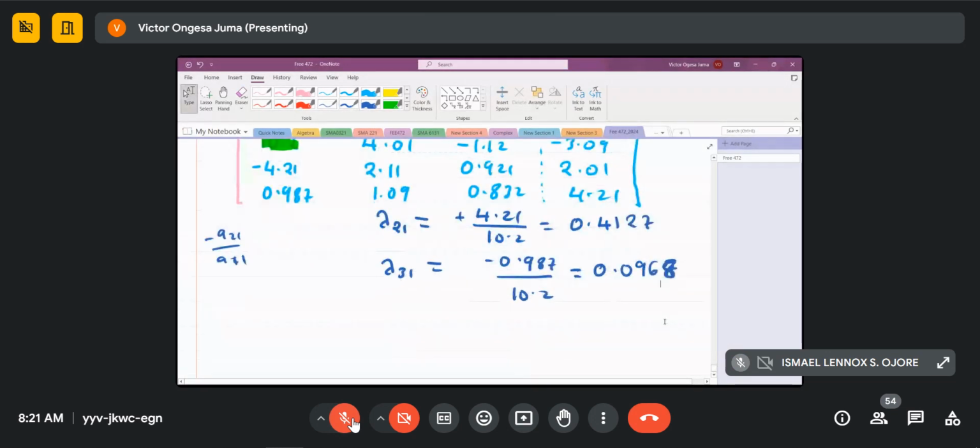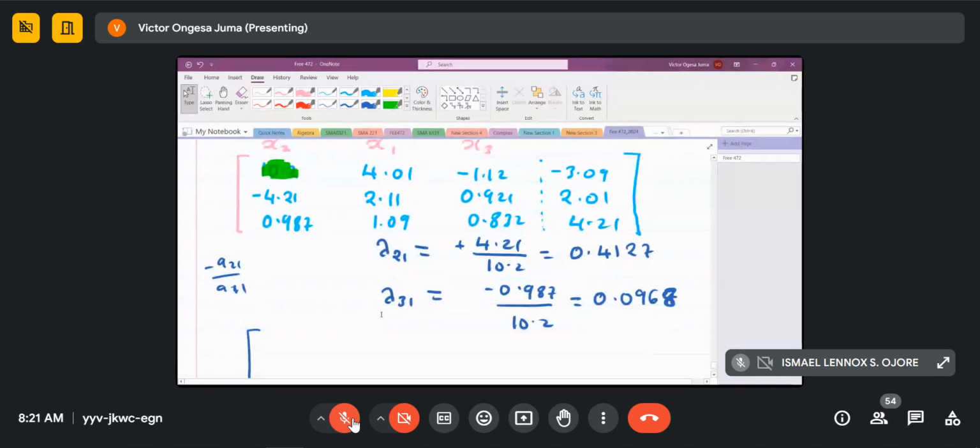And then so now we know that, when we reduce, row 1 has not changed. Excuse me, sir. The multiplier 31 should have a negative. Yeah, I'll put a negative. Thank you.